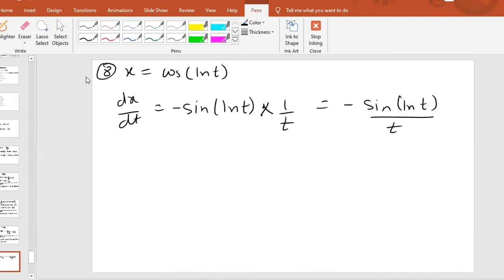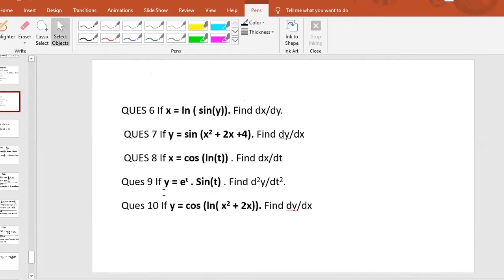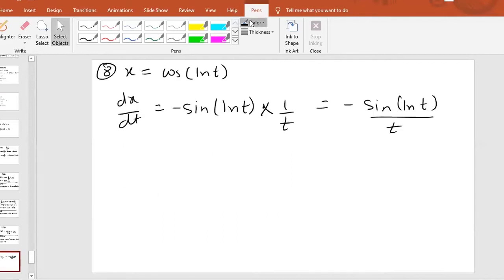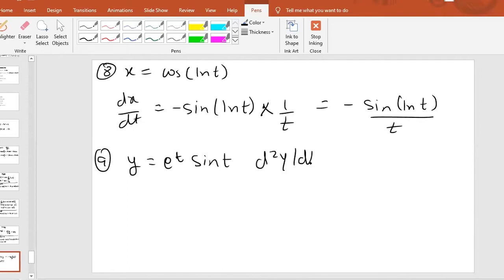Now question number 9. We have y is equal to e power t sine t. We have to find d square y by dt square. So first differentiate with respect to t, we get dy by dt.